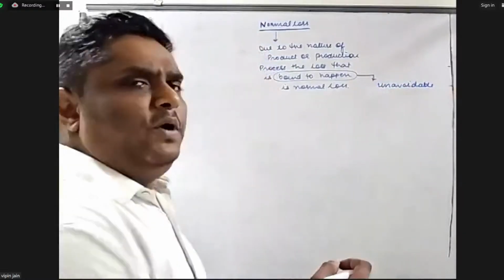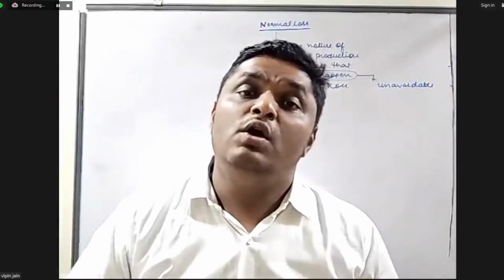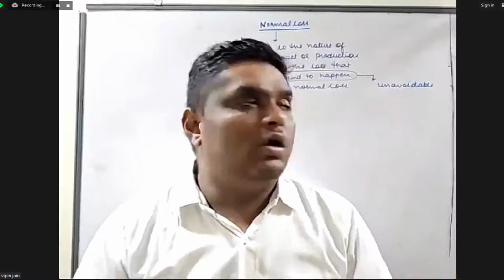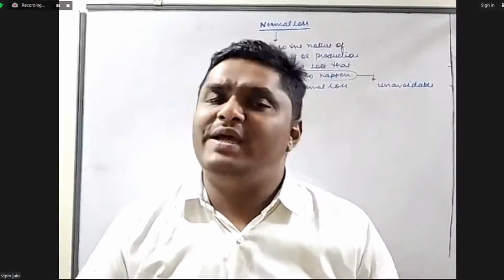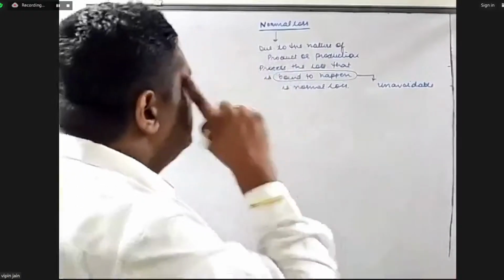So due to the nature of the product or production process, some losses have to happen. We can't avoid it. That is what we call as normal loss. These losses can be predicted well in advance by the management because of the past experience or past data.